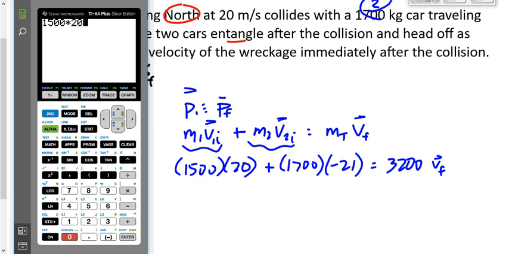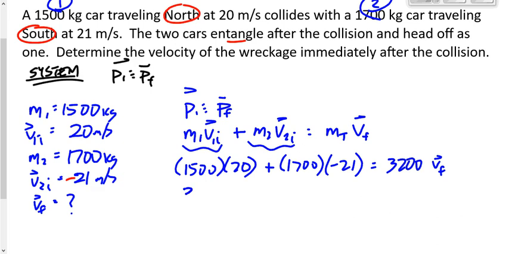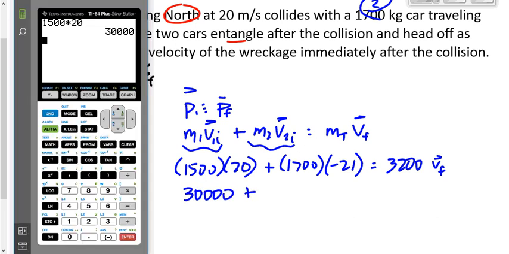1,500 times 20 is 30,000. 1,700 times negative 21 is negative 35,700.